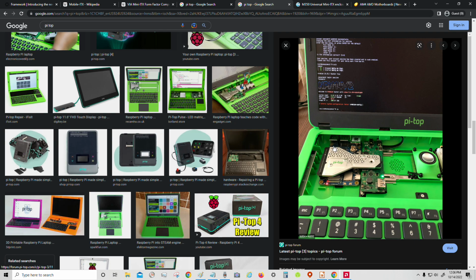Now, the thing about standardization, of course, is there's a lot of different standards that are preferred. So it can be difficult to have a standard that other people would want to use because there are so many different reasons for buying a Raspberry Pi.